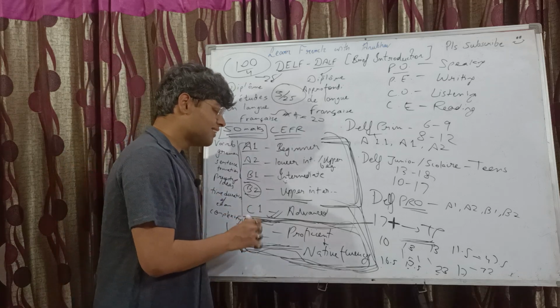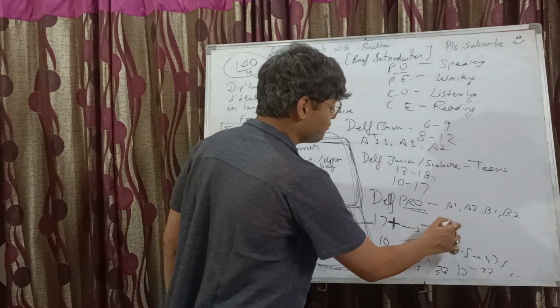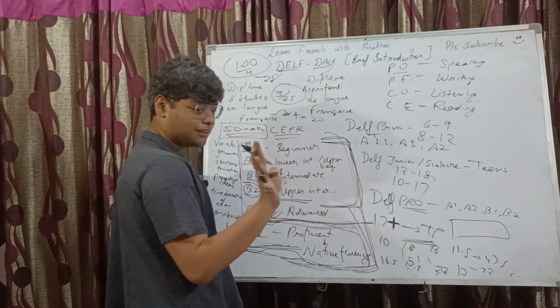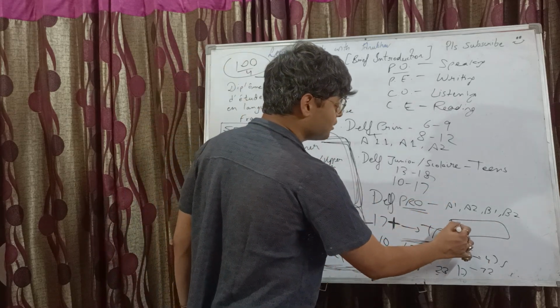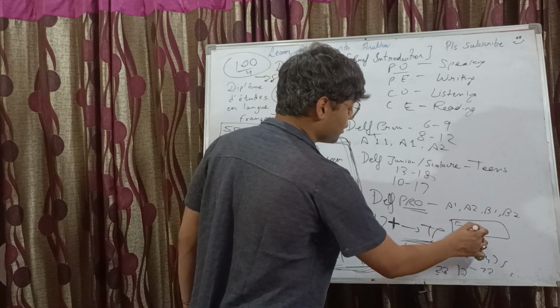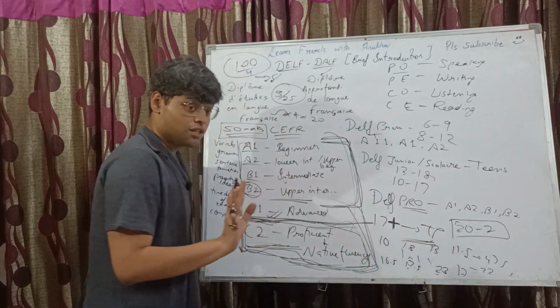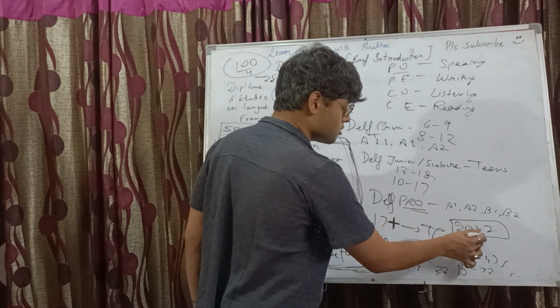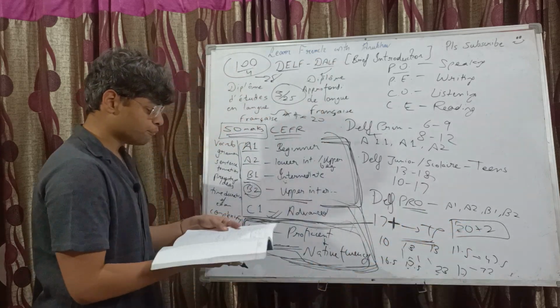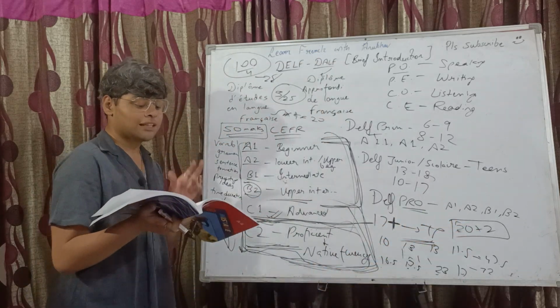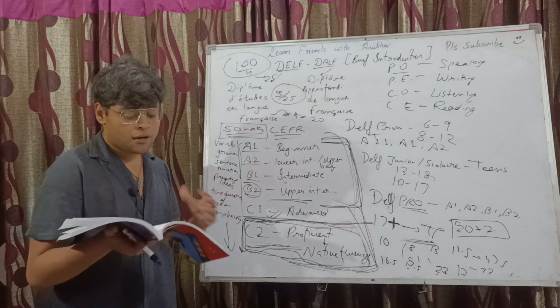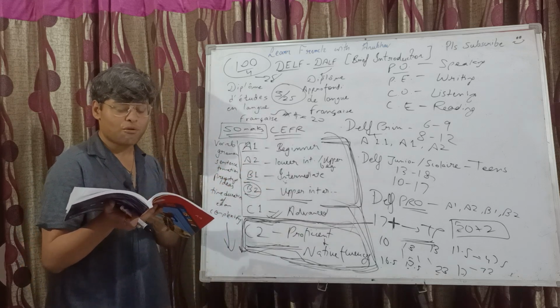DELF C2, the pattern is slightly different. Instead of 25 marks, 4 sections, you have 50 marks, 2 sections. Not much difference. It's just that 50 marks, listening and speaking together, 50 marks, reading and writing together.